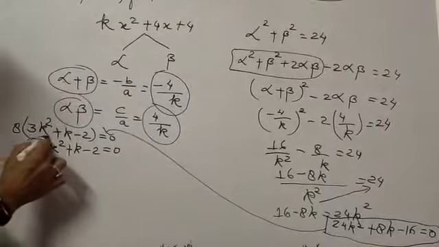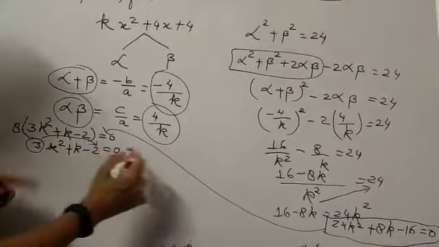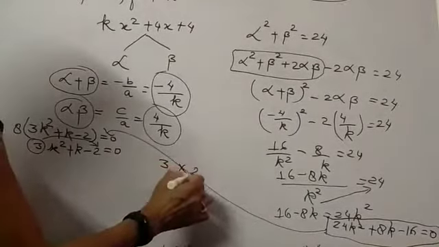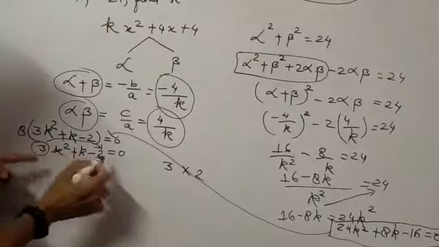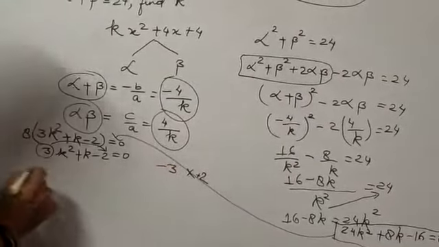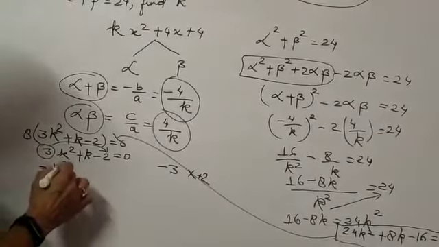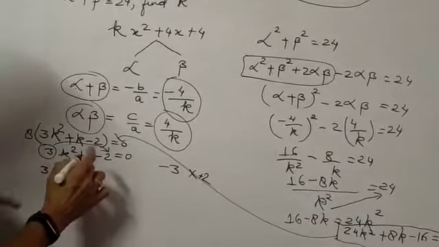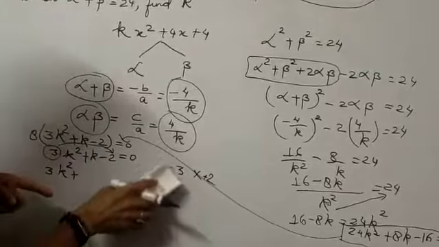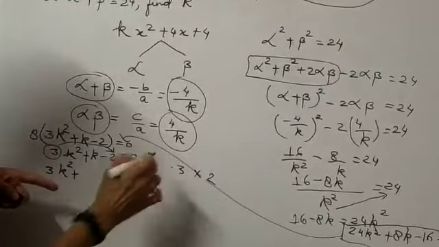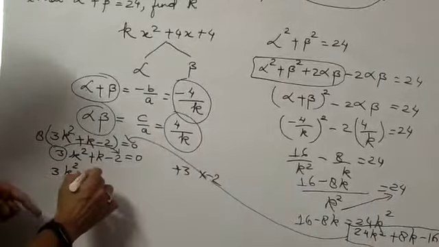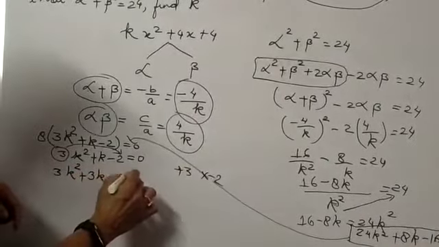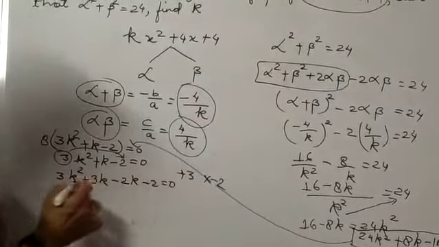Now multiply this 3 with 2, which is 6, and I want plus k, so minus 3 and plus 2. I can write it as 3k square plus, I want it plus, so the sign will be plus 3 and minus 2. I can write it as 3k square plus 3k minus 2k minus 2 equal to 0.